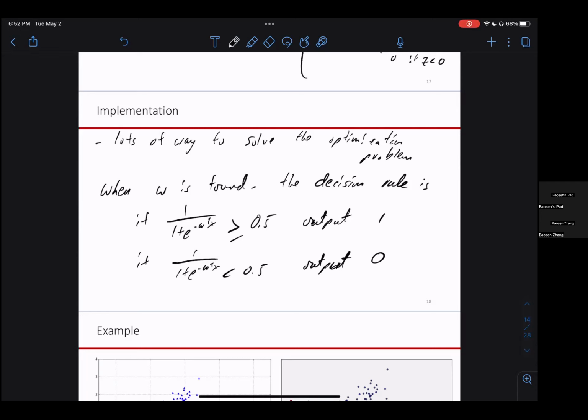How will you get 0.5 out of this function? To get 0.5, you have 1 over 2, so this is 1 plus 1, which means you have to get e to the 0. So this inner product has to be 0.